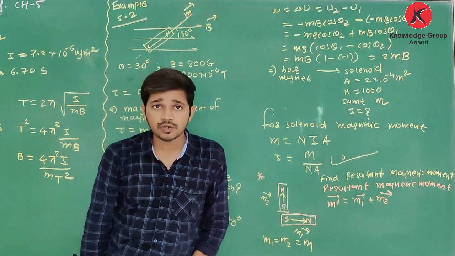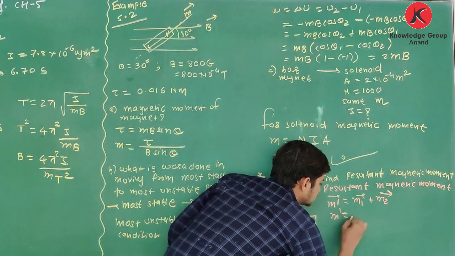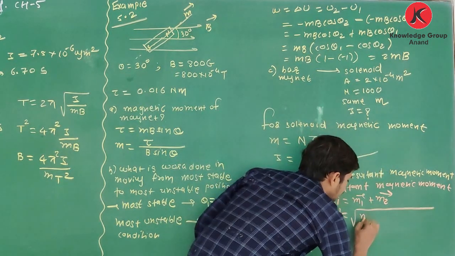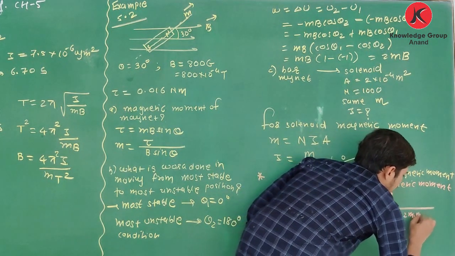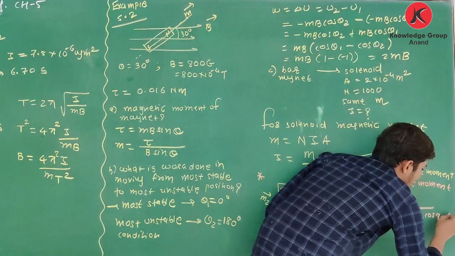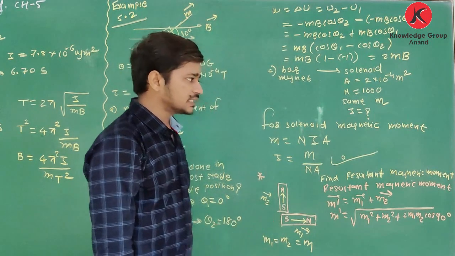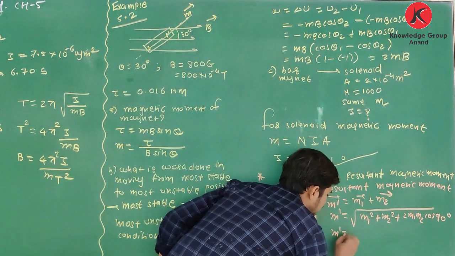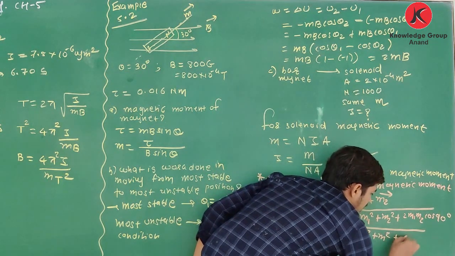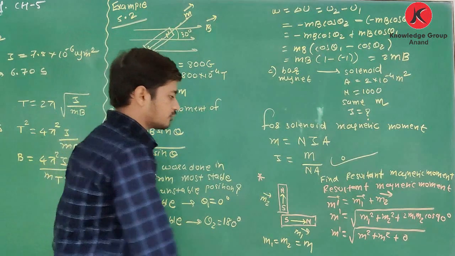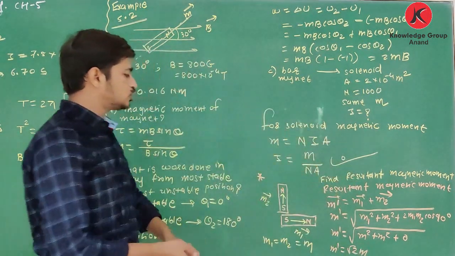According to the law of parallelogram, M' = √(M1² + M2² + 2M1M2 cosθ). What is the angle between M1 and M2? Here it is 90 degrees. So M' = √(M² + M² + 0) = √(2M²). So the value of M' is √2 M.